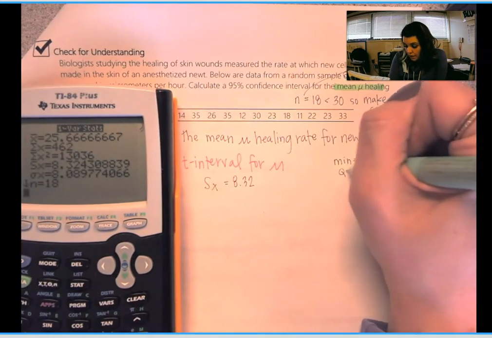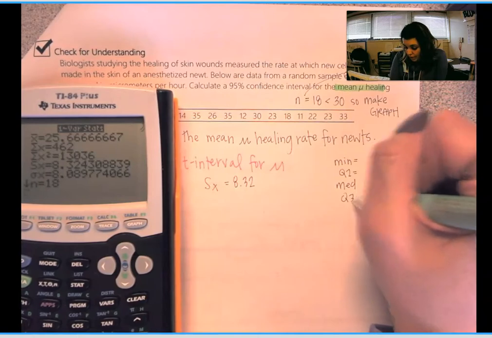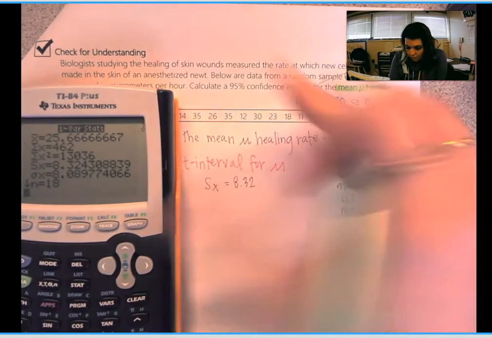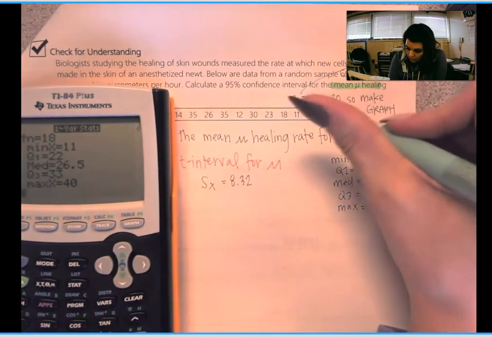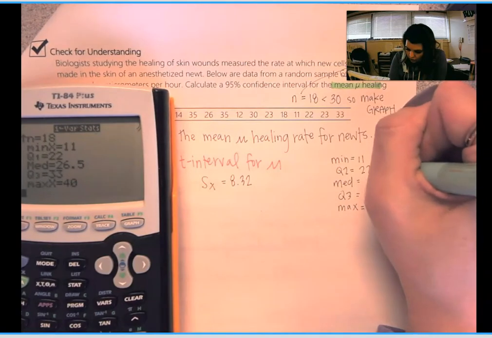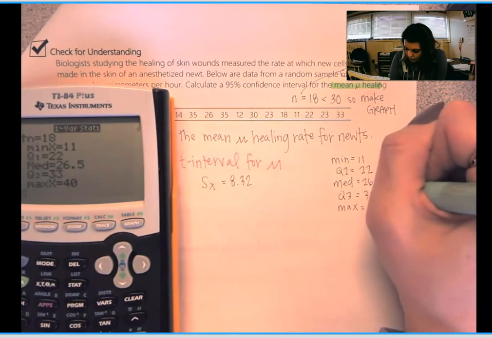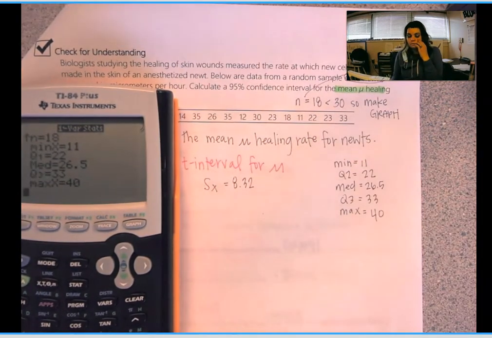If you're going to make some other plot, then you need to pull the data that you need. So my minimum is 11. My quartile 1 is 22. Median is 26.5. Quartile 3 is 33. And my max is 40.